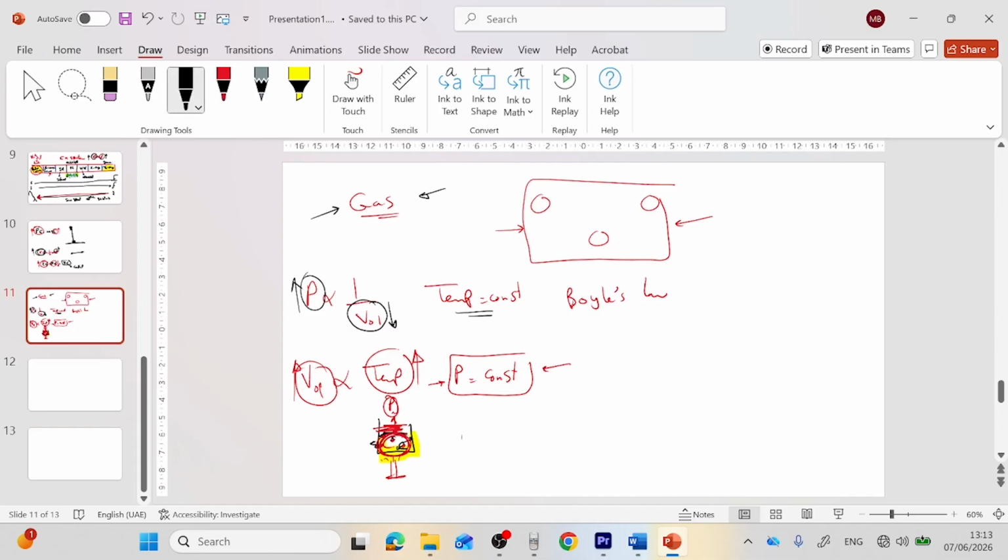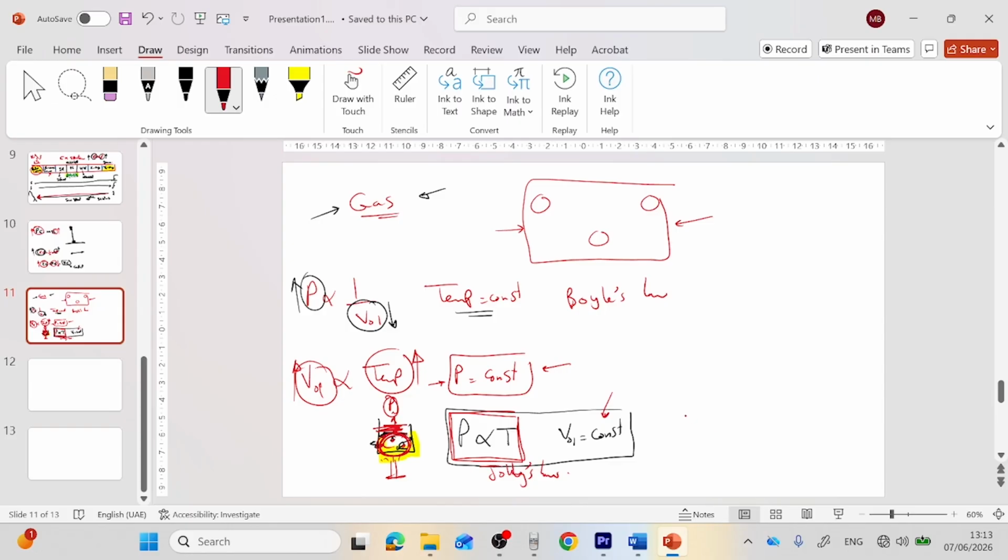The final relation is that the pressure is directly proportional to temperature, and I think that you know the condition: when the volume is kept constant. So as you can see, we are playing with three physical quantities. We keep one of them constant each time, and we play with the other two. This is called the pressure law or Joule's law.